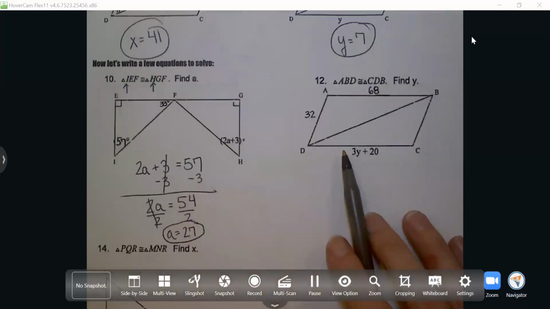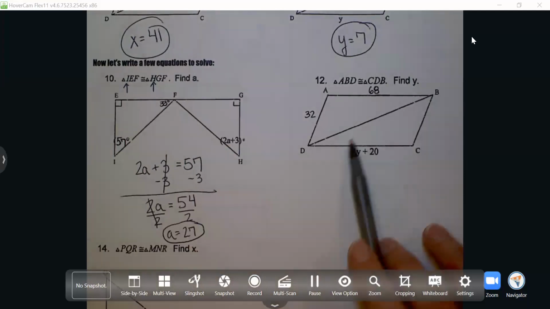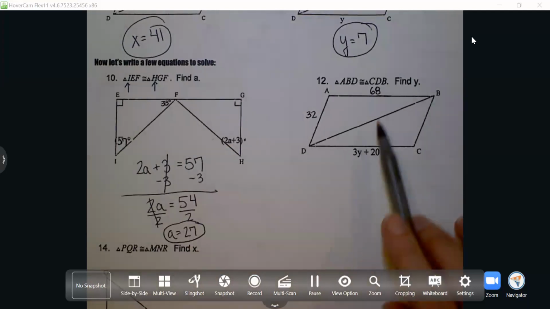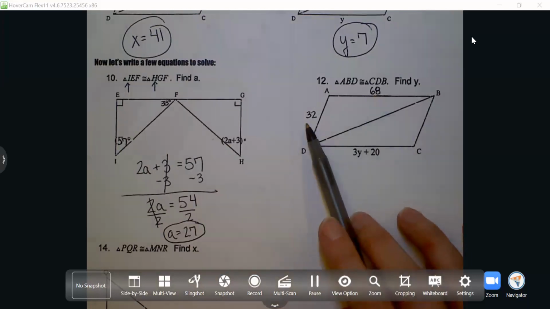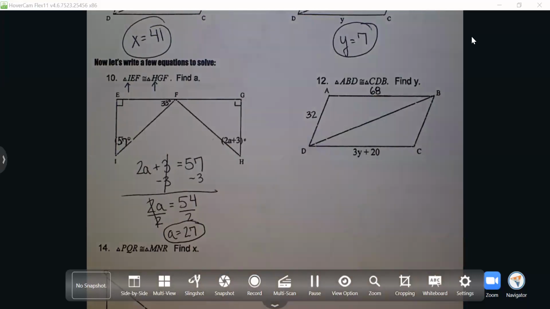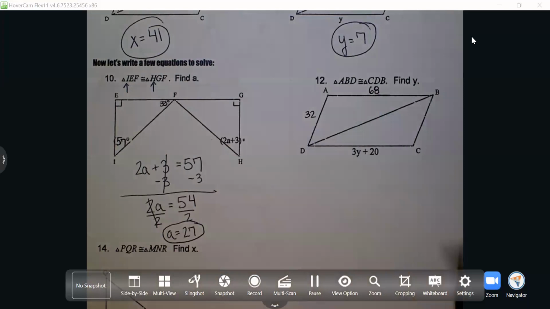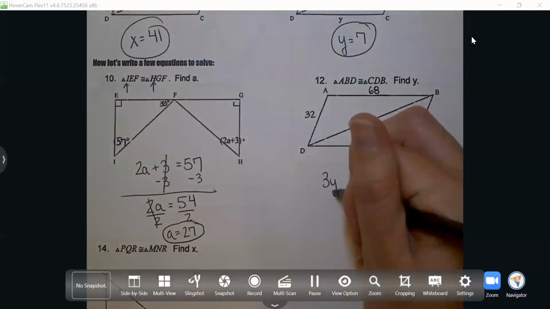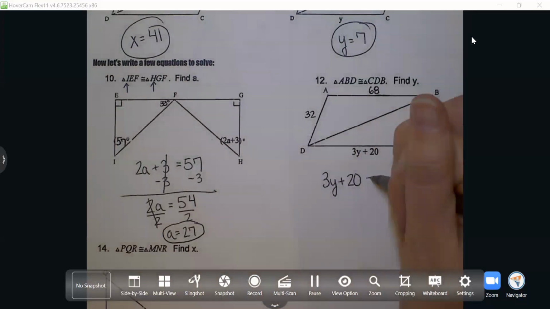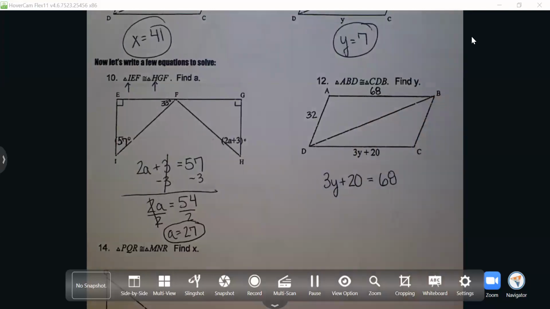All right, number 12. See if you can do this one on your own. 3y plus 20, is that going to be congruent to the 68 or the 32? It's congruent to my 68, so I'm going to have 3y plus 20 equals 68. And I'm going to do the same process. I'm going to start by getting rid of that plus 20.